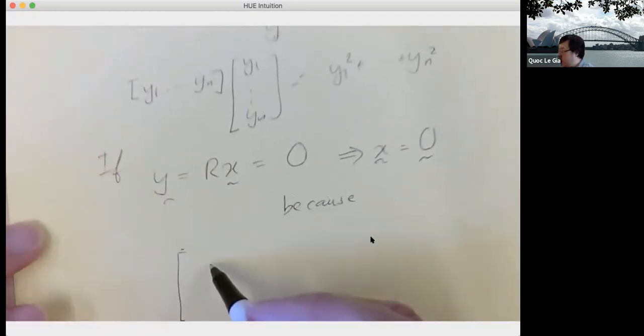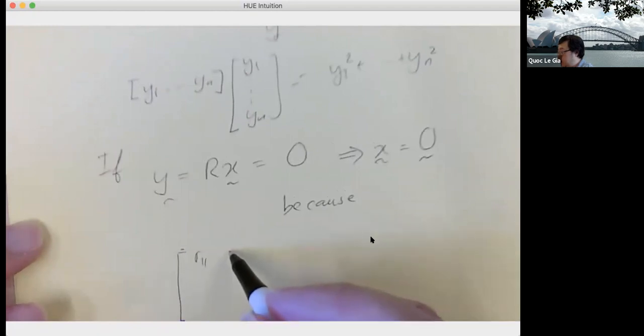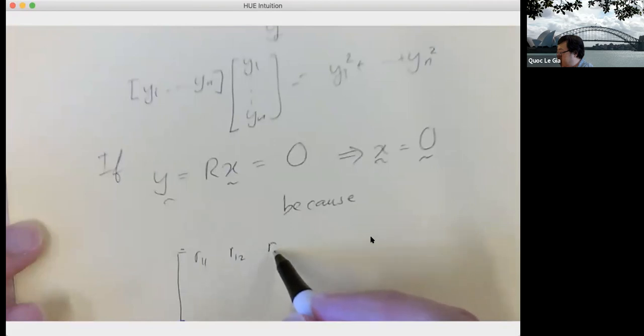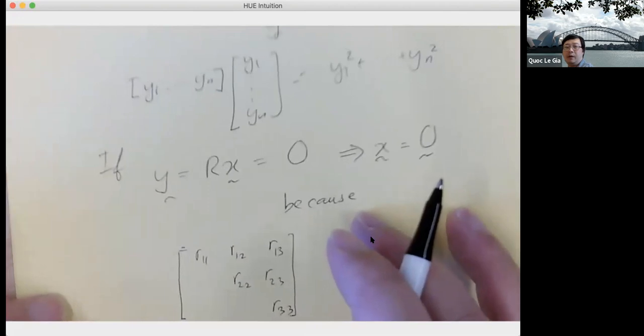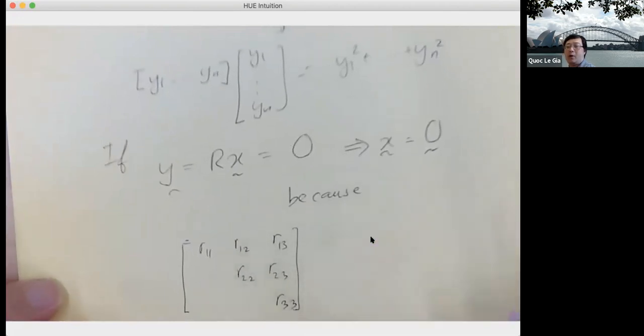R11, then R12, R13, for example. Suppose n equals 3. Then you have R22, R23, R33 here. Remember R is upper triangular, and everything below the diagonal equals 0.